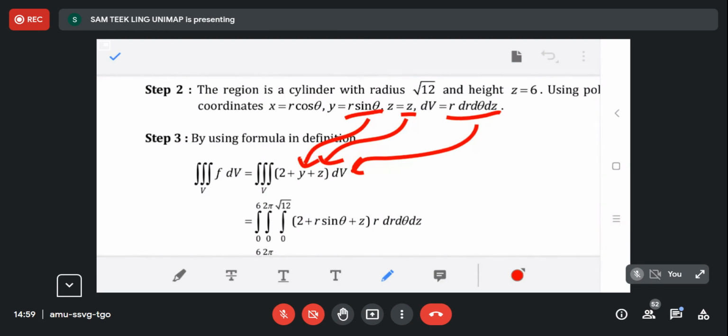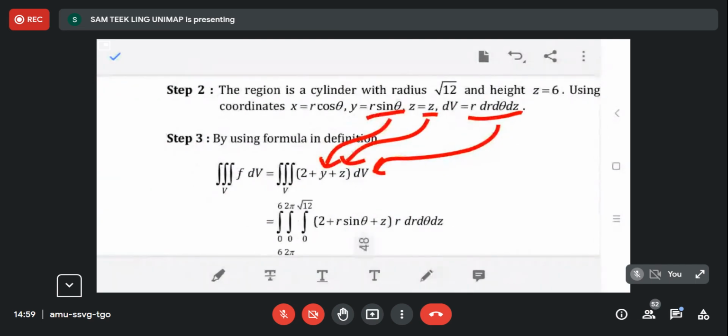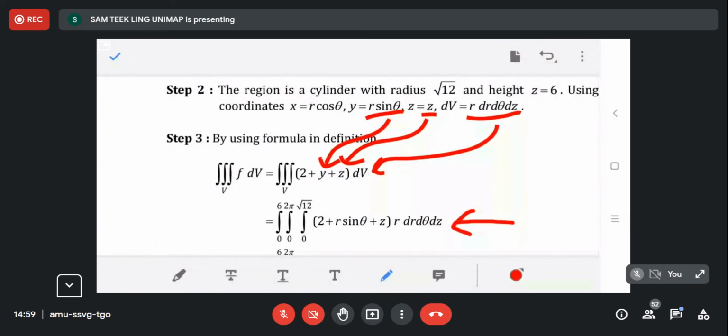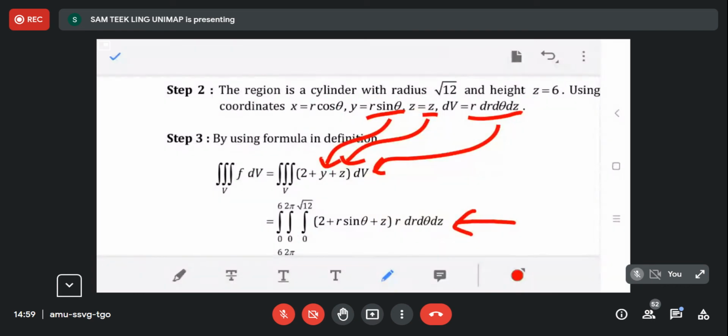Cylinder can be changed to polar form. This one you cannot integrate yet. It is only changed from xyz form to polar form, on standby only, cannot integrate yet.